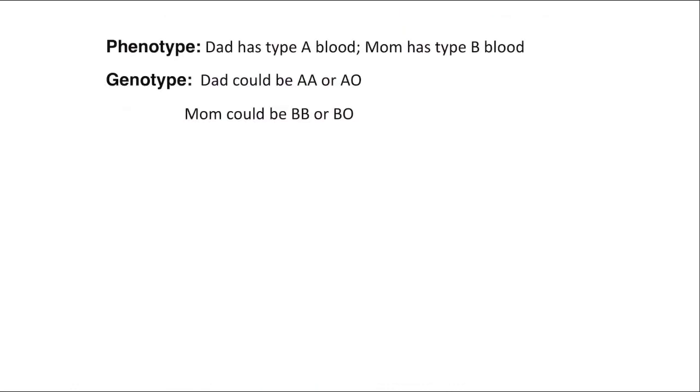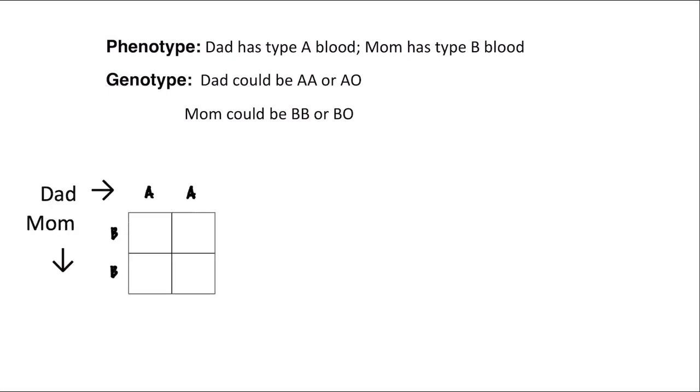So we already know that if dad's type A blood, he could either be a combination of two A's or an A and an O. If mom has type B blood, she could be a combination of two B's or a B and an O. Okay, because remember, if a recessive allele is present, it's the dominant one that gets shown, and O is always going to be recessive.